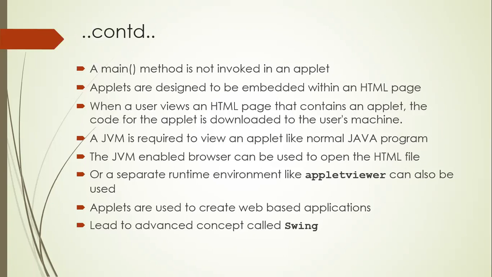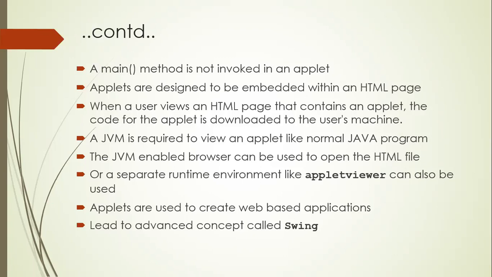You have a class name, and within that, you have public static void main(String[] args). So that is the main method. But here in applet, there is no main method. Actually, the main method is the entry point where the execution starts.